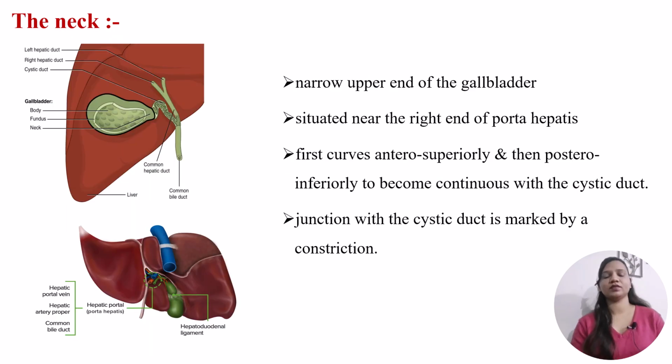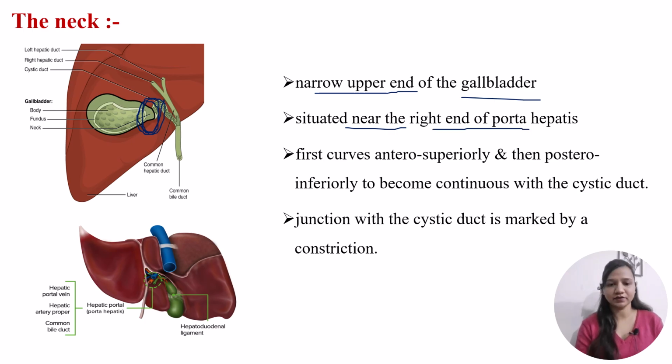Moving on, the third part is the neck. So neck is the narrow upper end of the gallbladder. So the narrow upper end of the gallbladder is the neck. As you can appreciate here in this picture, this is the neck of the gallbladder. It is situated near the right end of the porta hepatis.